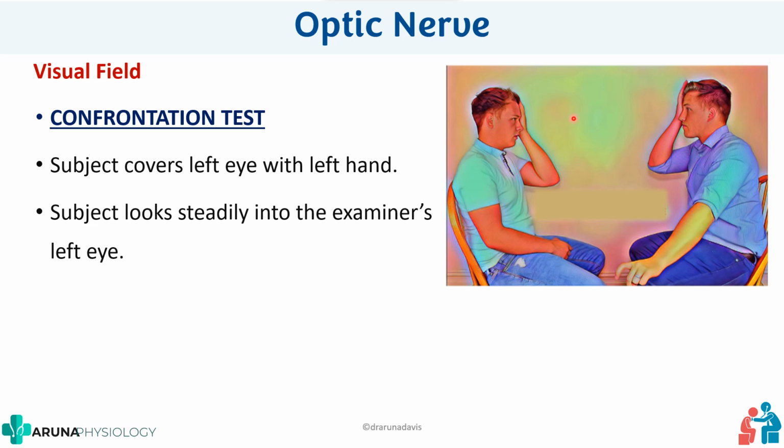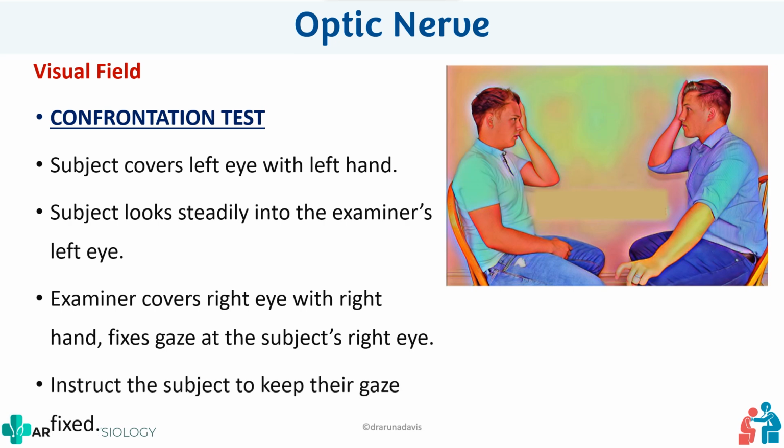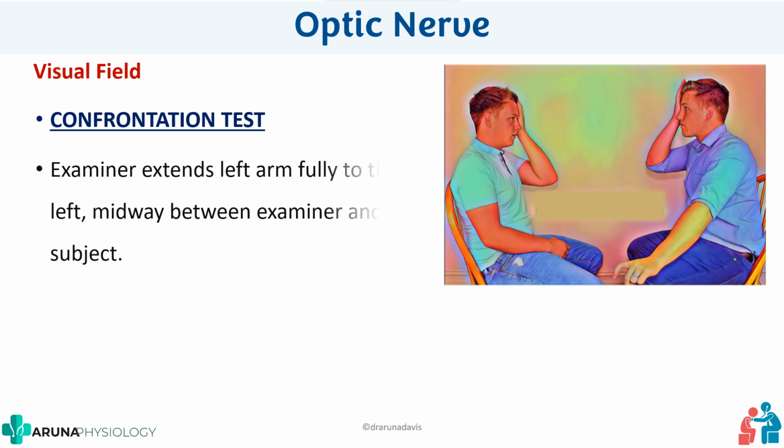Then you ask the subject to look directly onto the examiner's left eye. See, like this. The corresponding eyes should look at each other. And you have to ask the subject not to shift his gaze anywhere else, just stare at the examiner's corresponding eye. Then you extend your arm. The examiner has to extend the arm fully, with the finger midway between the examiner and the subject.